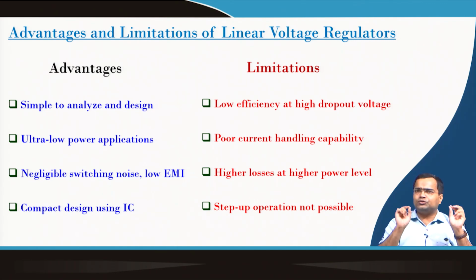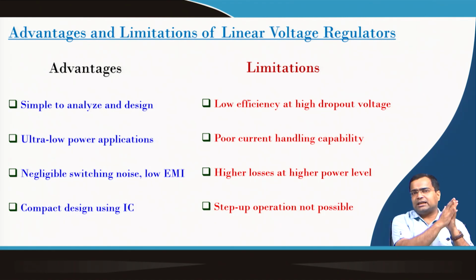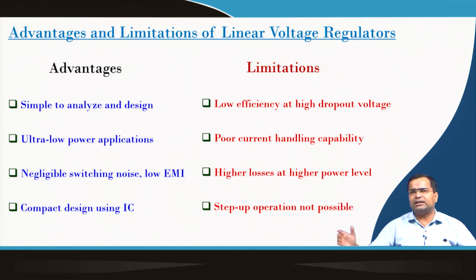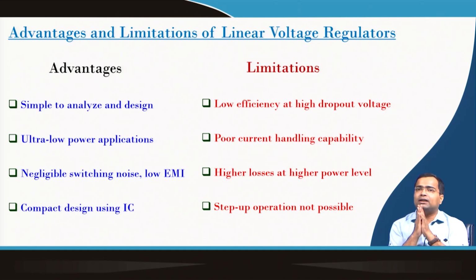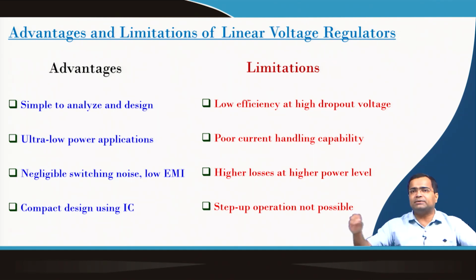We should use more than one, so that the first stage can be 12 to, let us say, 8 volt, and the second stage 8 to 3.3, or we can even divide it into multiple pieces, because at each stage the dropout voltage across the transistor should be smaller, so that the heat dissipation can be distributed among multiple stages. But as we increase the number of stages, efficiency further reduces.